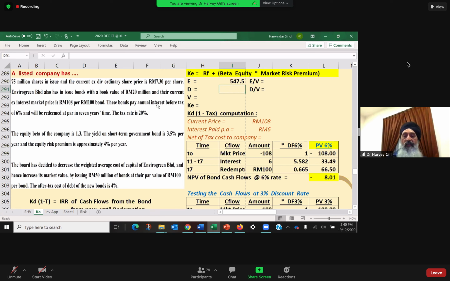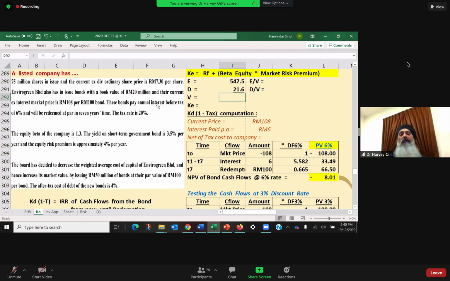So the debt here will simply be 20 million multiplied by 108 divided by 100, because 108 market value for every 100 of book value. And once you become clever, you can just multiply by 1.08. Once you understand this, you'll get 21.6.